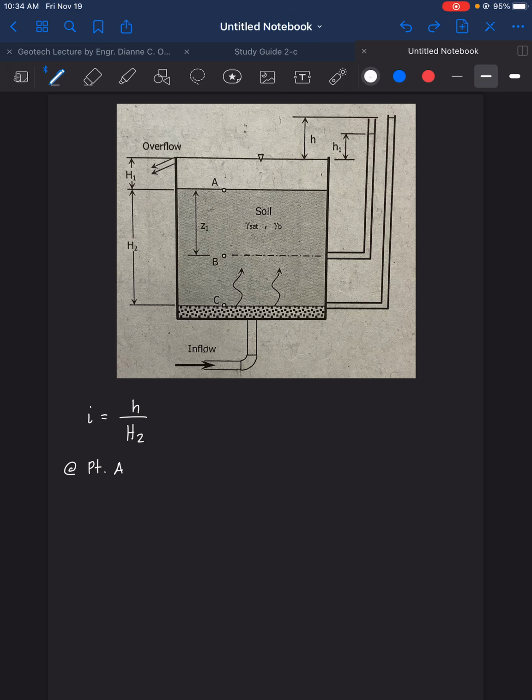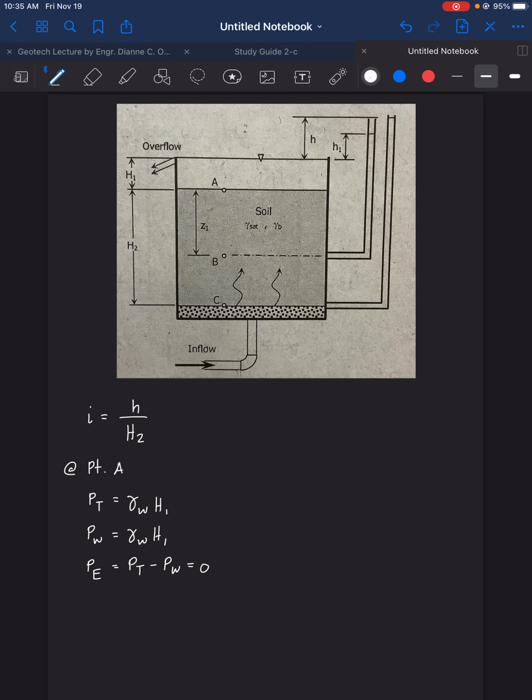So at point A, P total is equal to the gamma of water multiplied with the height of the water. So that's the only pressure that is being encountered at point A. Now we get the pore water pressure. We have there gamma W H1. Thus, if you get the P effective, that is P total minus PW, P effective is 0.